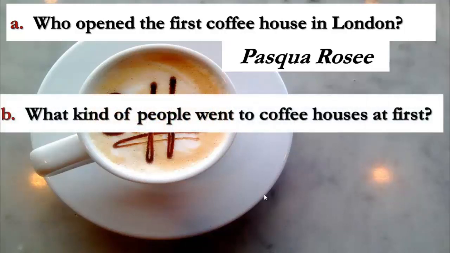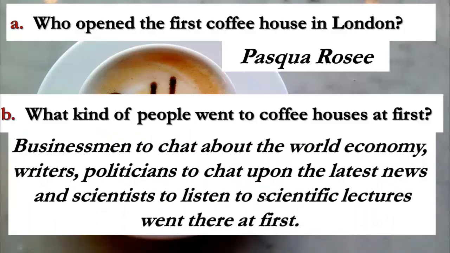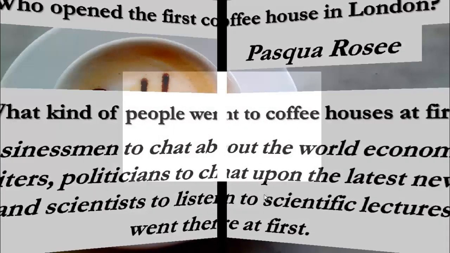Second question: what kind of people went to coffee houses at first? Yes, businessmen to chat about the world economy, writers, politicians to chat about the latest news, and scientists to listen to scientific lectures. All of them went there at first.